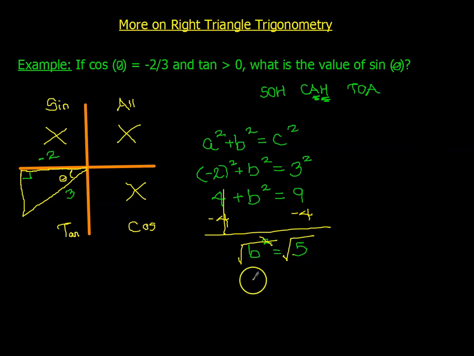So when you square root a number, remember that it could be positive or negative square root of 5. However, we're dealing with a length here, the length of this line or the height of the triangle. So we're going to leave it as positive. But also keep in mind, when I write this as square root of 5, I am on the negative x-axis.